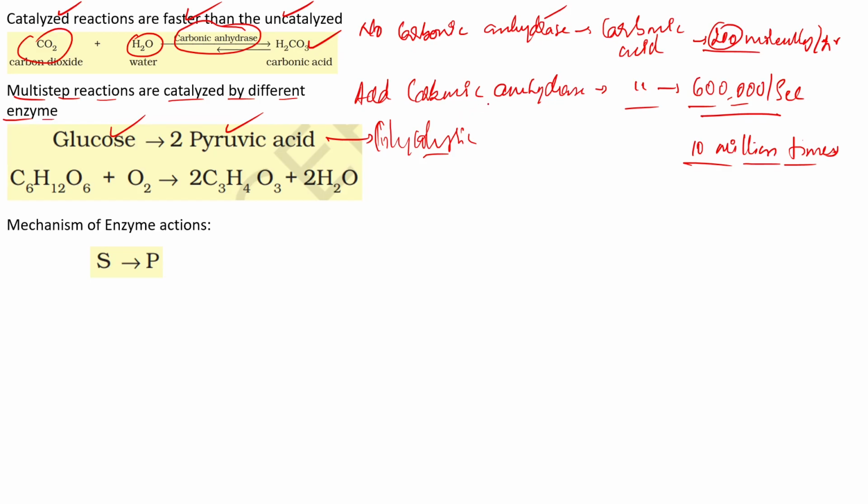So the step from glucose to pyruvic acid is called glycolysis, and the number of steps involved in glycolysis is around 10. We know that it is a 10-step reaction, and each of these steps is catalyzed by a different enzyme. Not all 10 steps are catalyzed by a single enzyme, right?